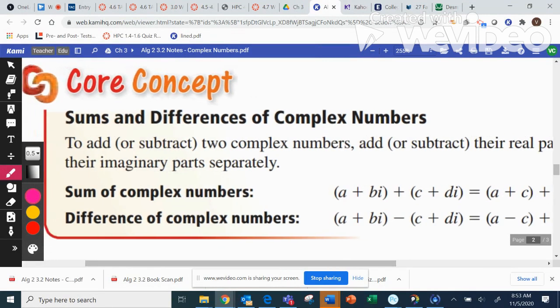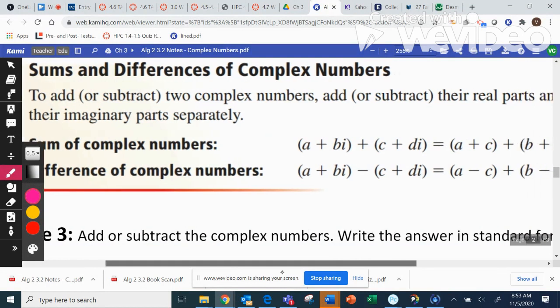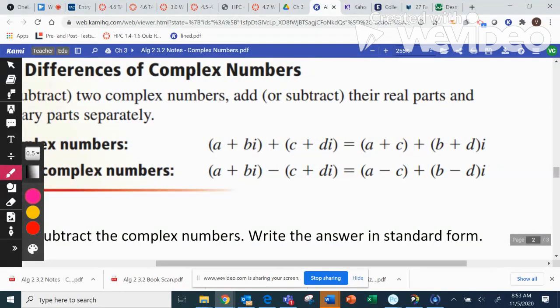Okay, so when we have complex numbers, we can treat complex numbers a lot like we would treat variables. Just like anything that we're adding in math, it has to be a like term to be able to add it together. So for adding a plus bi and c plus di, I can only add together the real parts with the real parts, or the imaginary parts with the imaginary parts.